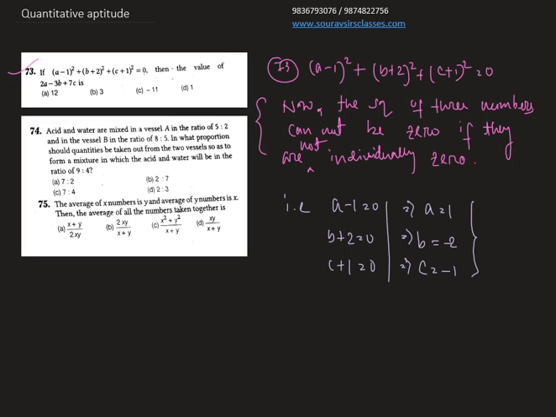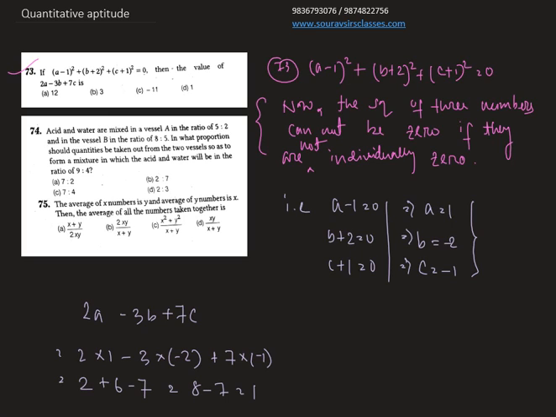So we got the values of a, b, c. Now it is pretty much easy to evaluate the value of 2a minus 3b plus 7c. So it is nothing but 2 into 1 minus 3 into minus 2 plus 7 into minus 1. That means 2 plus 6 minus 7. 8 minus 7 is equals to 1. Hence option D is the right answer.